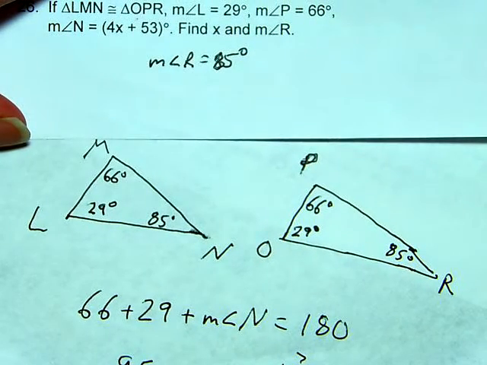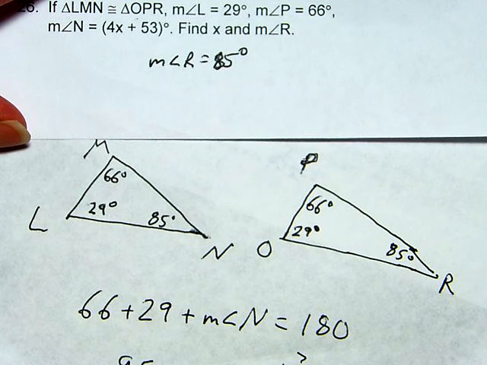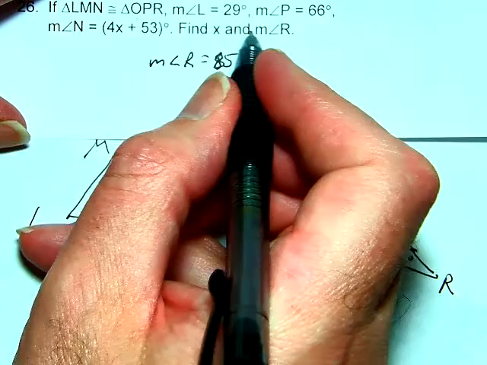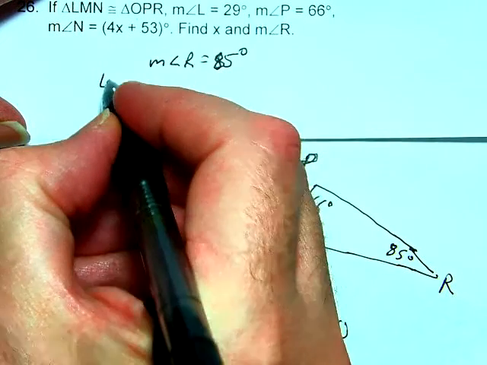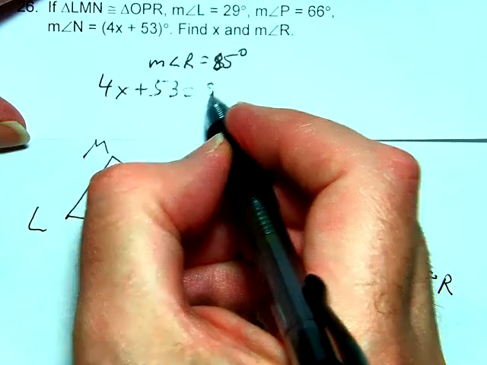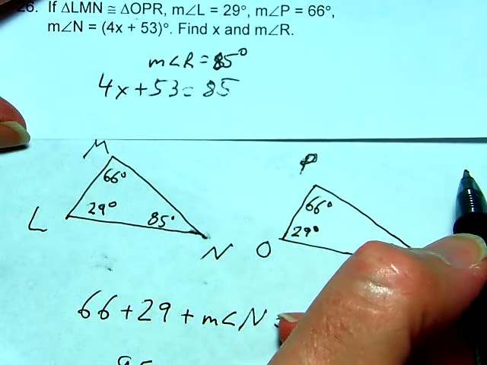Okay, and the measure of angle N we know to be 85 degrees as well. So we could set 85 equal to 4x plus 53 and solve for x, and we're done. No reason to go redrawing the triangle. It doesn't really make much of a difference here. We're practically finished. So let's go ahead and solve for x.